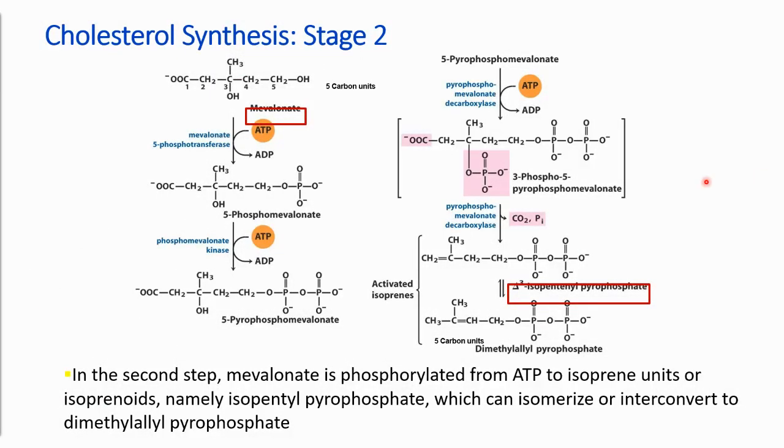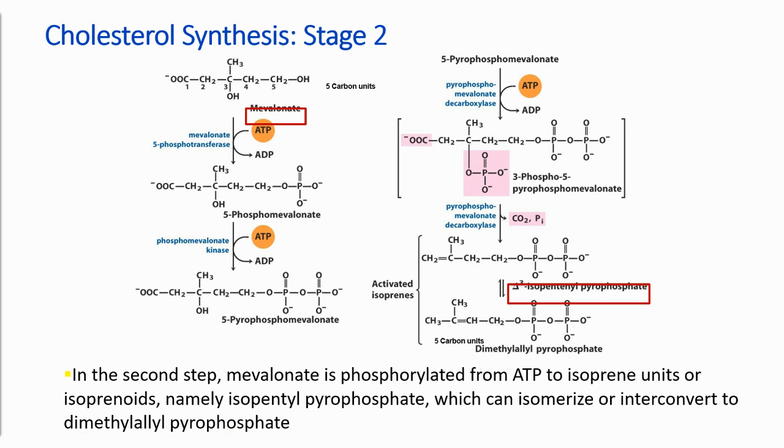And then later on, your mevalonate is phosphorylated from ATP to isoprene units or isoprenoids, which is then isomerized and converted to dimethyl allyl pyrophosphate.